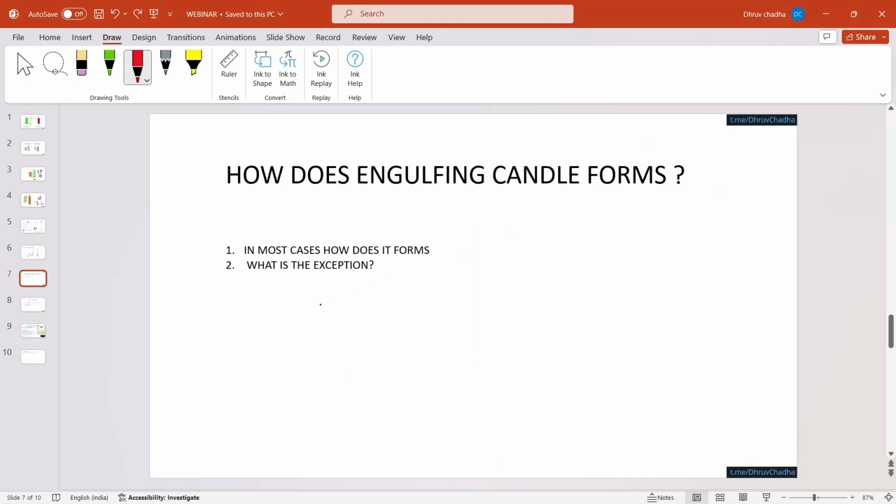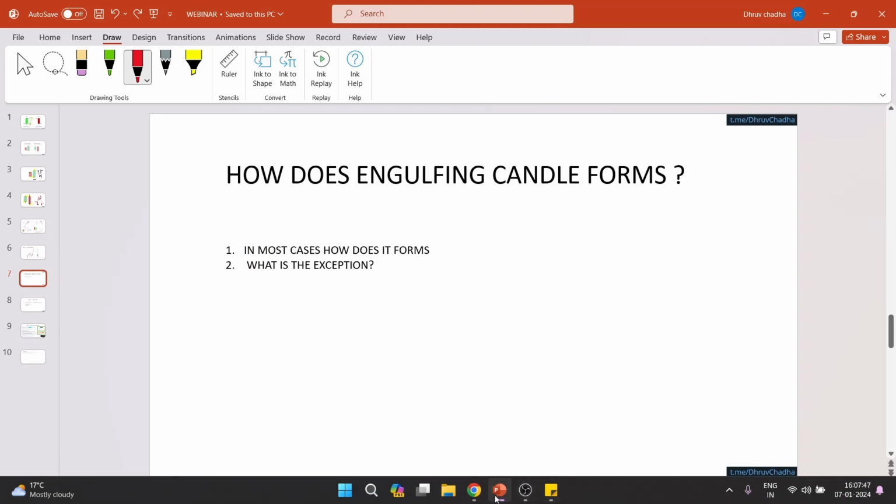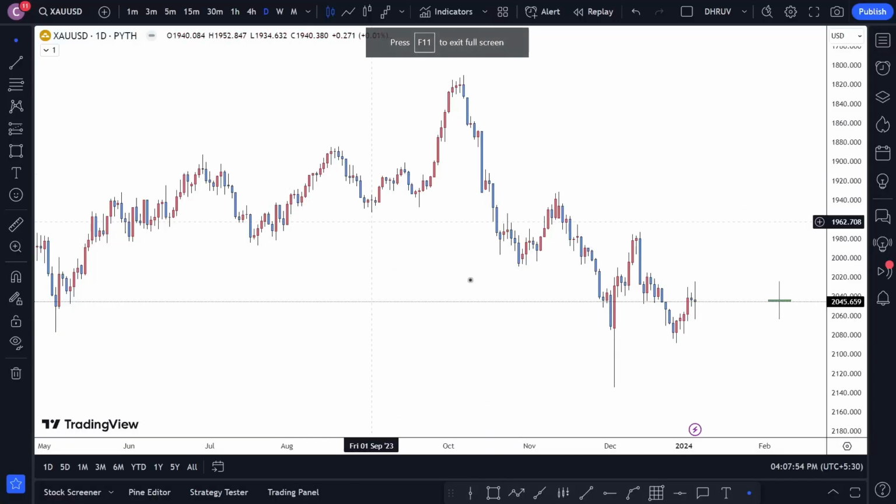Okay, so there are two scenarios happening when an engulfing buy or a sell forms up. In most cases, how does it form? This is the first case, and what is an exception? In the first case, let me give you an example on the live chart.